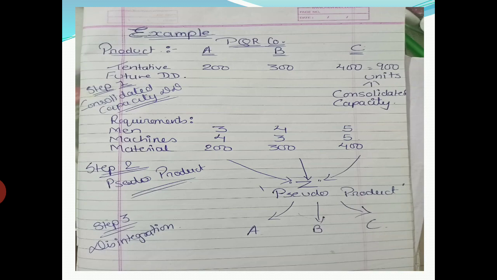Right? And then once we come to know that okay, if we want to produce Z product with the existing capacity, or we may need these many changes, then accordingly at the third stage, what do we do? We disintegrate.